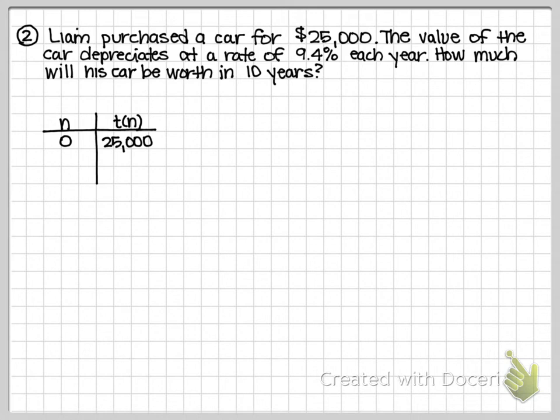The value of the car depreciates. Okay, so to be clear, folks, depreciate means that it goes down in value. So I should give you an idea of what the multiplier is. So now would be a perfect time for you to pause, see if you can come up with the multiplier on this.